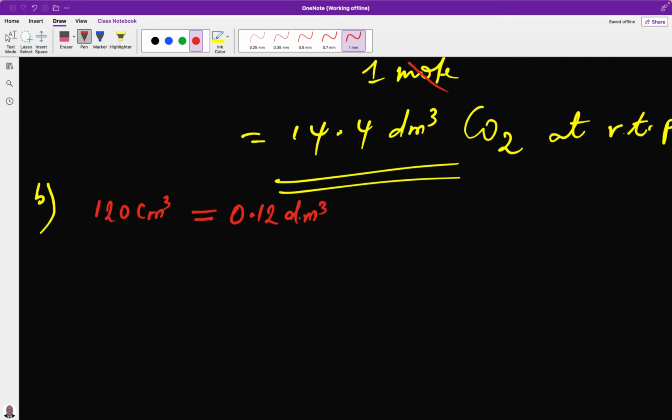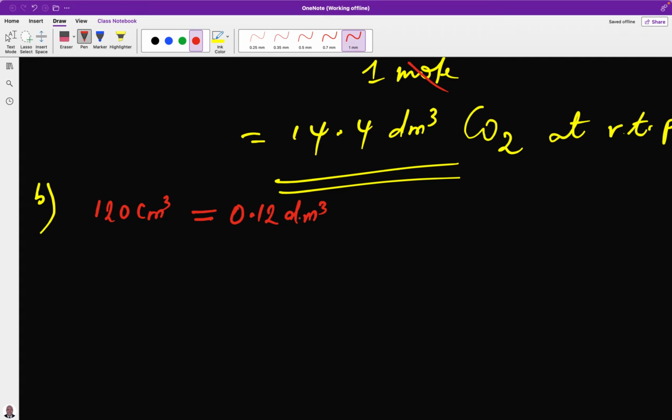It's very simple. When given the volume, try to bring it to the units that you can use to easily calculate in molar gas volume. And once room temperature and pressure is mentioned, go to molar gas volume.